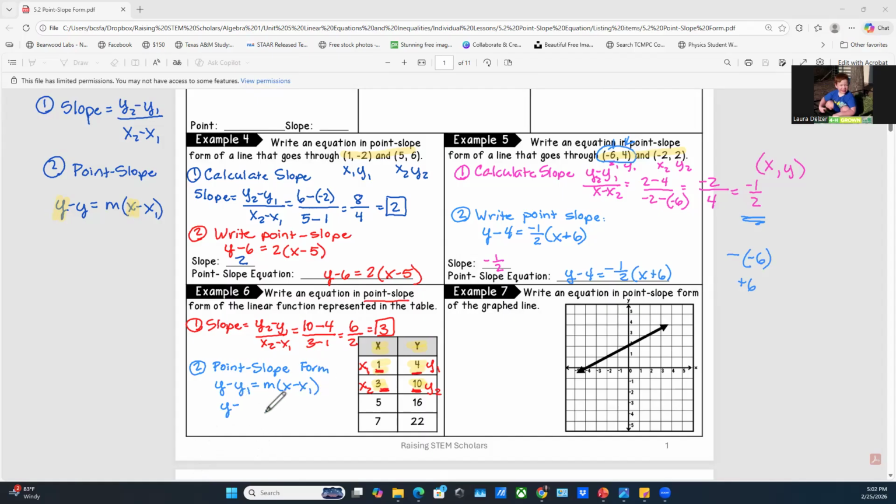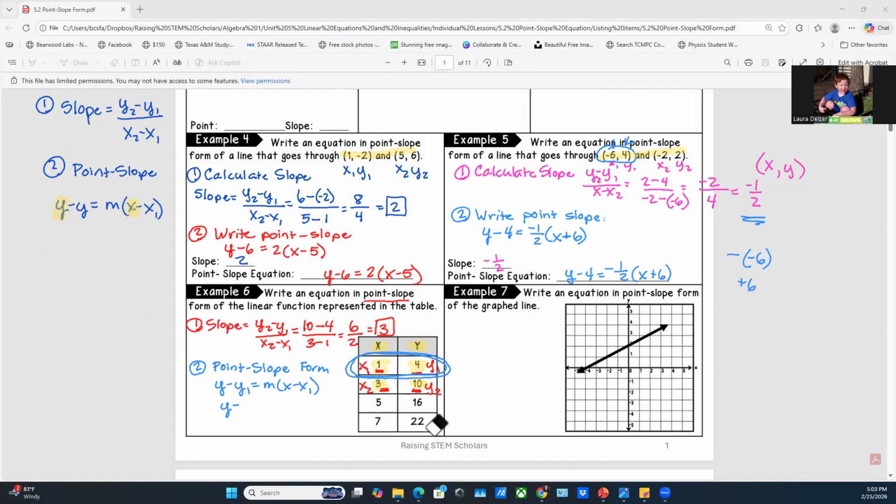So y minus, and I can pick any one of these points, but I just have to keep everything the same. Like I can pick this point down here if I wanted to, or this one here. It doesn't matter as long as I keep the same x and the same y in the pair.